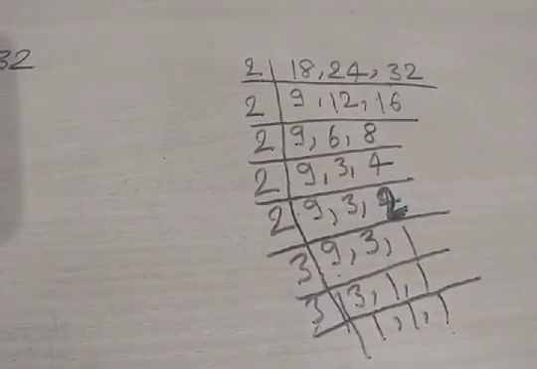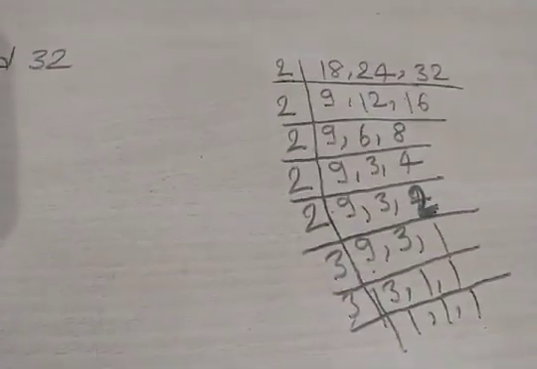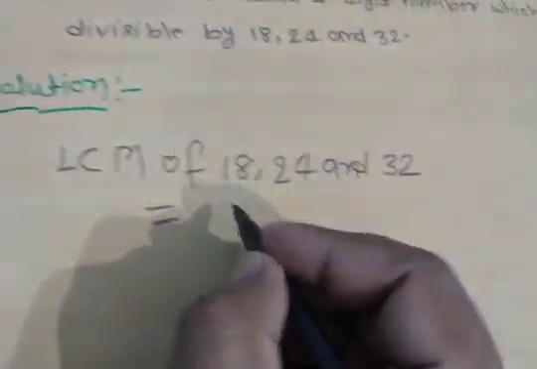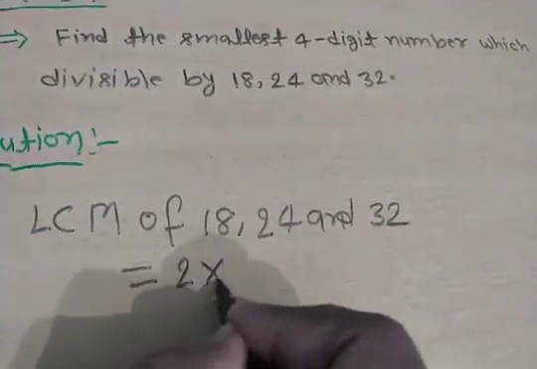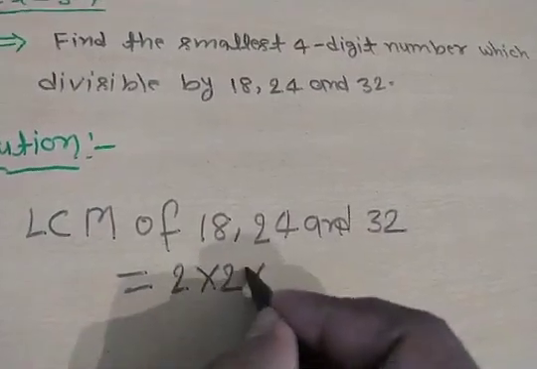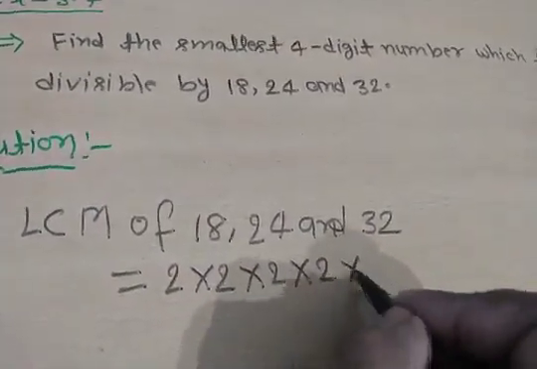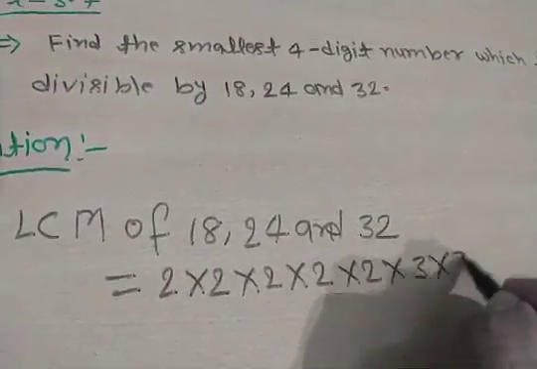How many times 2? 5 times 2 and 2 times 3. So we write here the LCM of 18, 24 and 32 is 2 into 2 into 2 into 2 into 2 into 3 into 3.